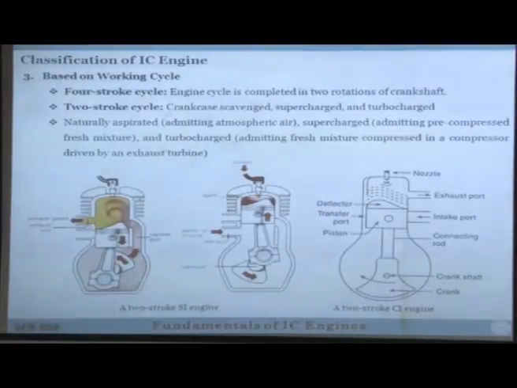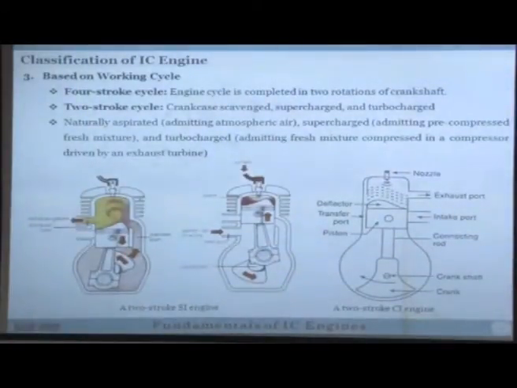So 2-stroke engines are crankcase scavenged, and they could be supercharged, turbocharged, or naturally aspirated. Naturally aspirated means the air is inducted from the atmosphere without being pressurized.